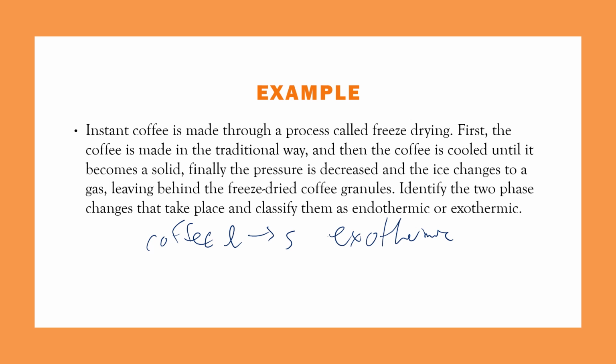And then the water that was present in the liquid coffee is going to change from solid ice into a gas by rapidly decreasing the pressure. So when it does that, that is sublimation, and it must gain energy, so that must be endothermic.